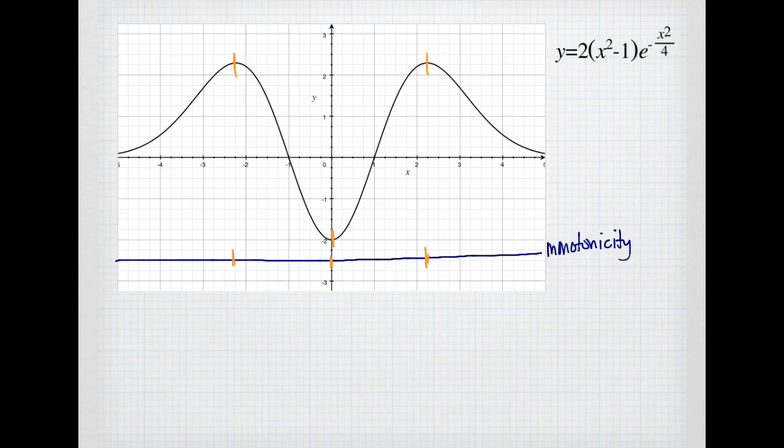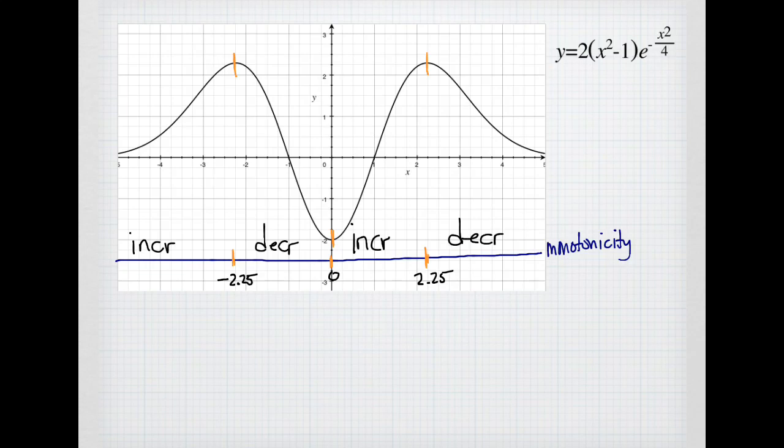Approximately, we'll use calculus later to learn exactly how to find these points. It looks like it's about negative 2.25 and 0, and approximately 2.25 for my points. My function was increasing and then decreasing and then increasing and finally decreasing.